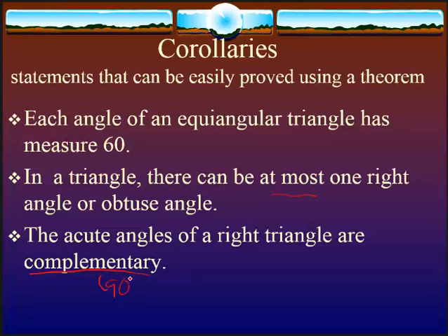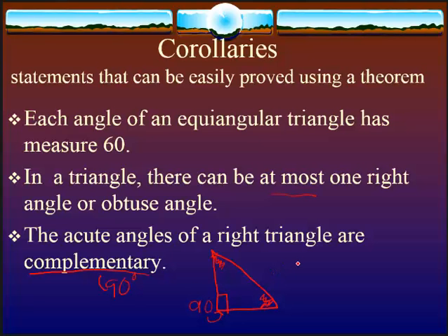Okay, so let's see why this should be common sense to us now. Let's draw it out. Here's our right triangle. This is 90 degrees right here. My definition of right angle. So what we're saying is that these two acute angles here have to add up to 90 degrees.